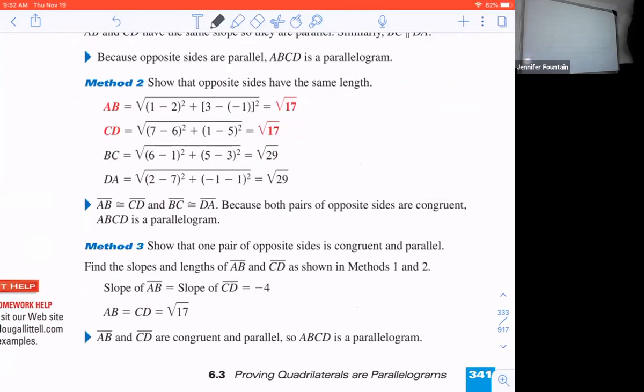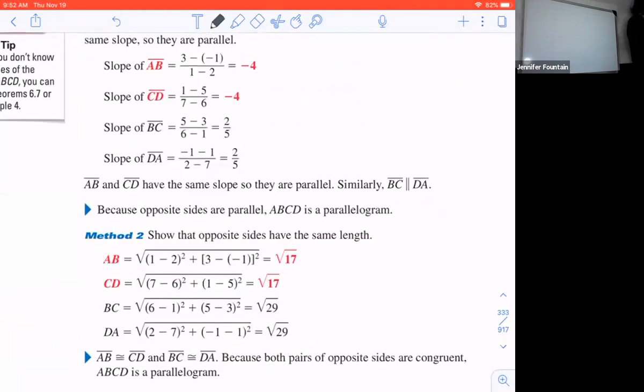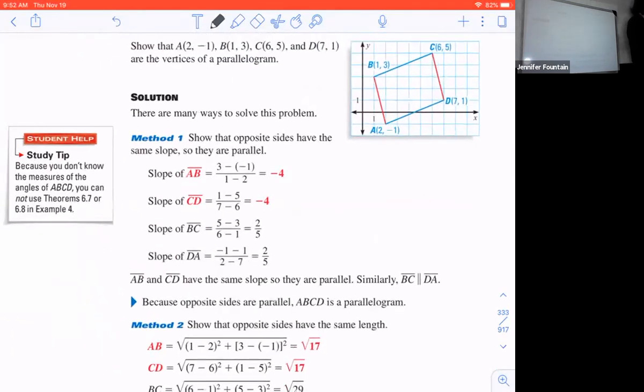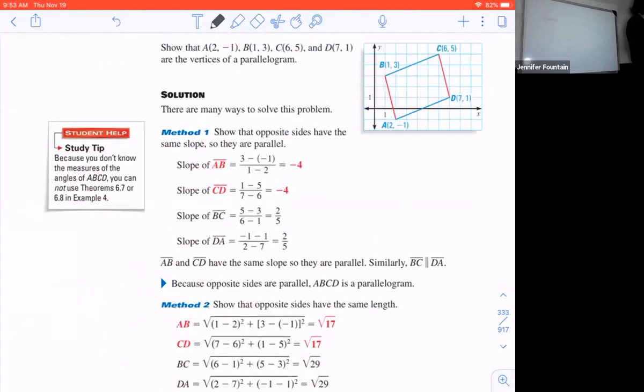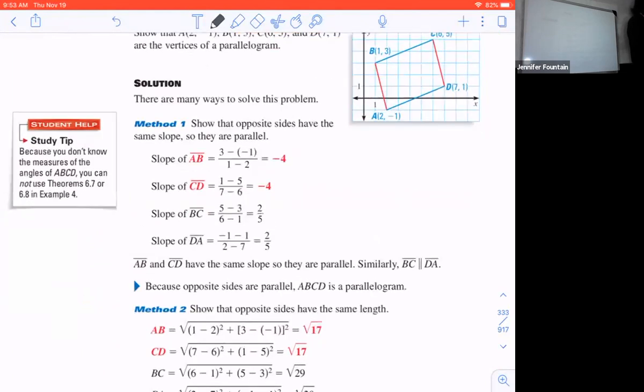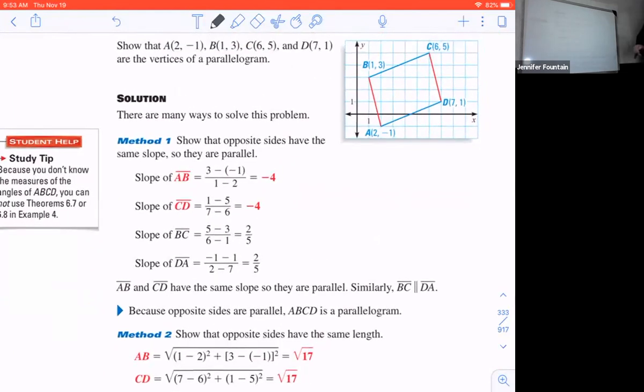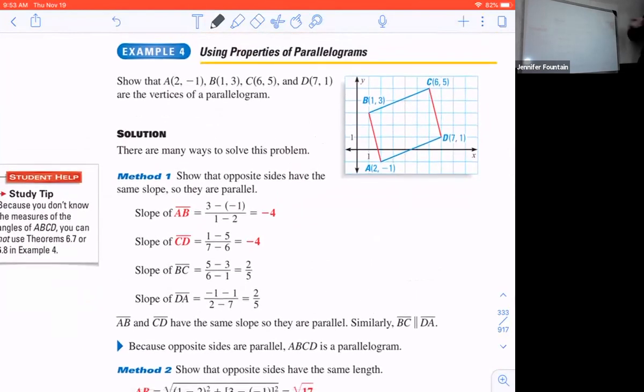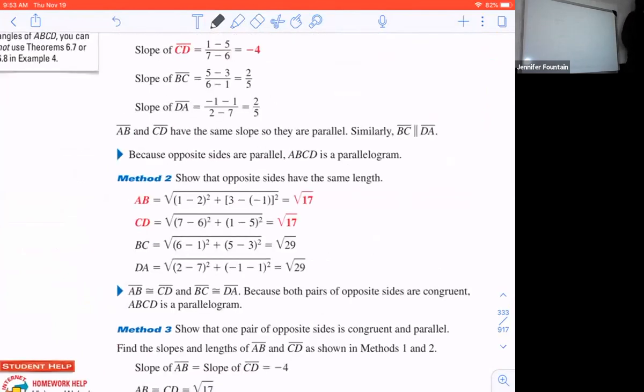Here I'm using the distance formula. Remember with our distance formula, we can set that up. We can use our ordered pairs here to plug into the distance formula.